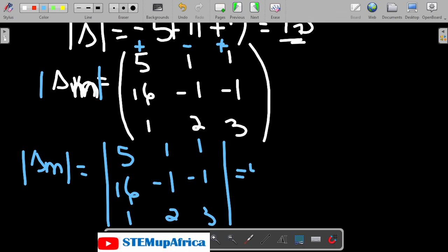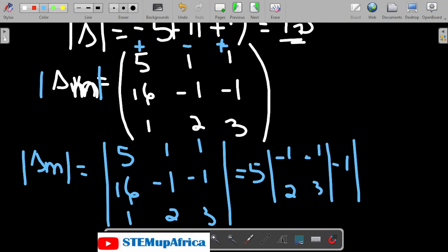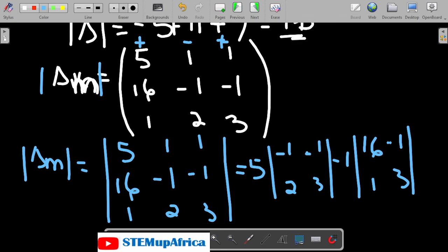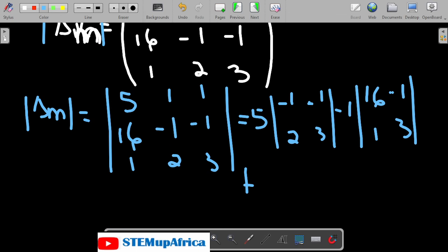So that will give me 5. I will take the minus: minus 1, 2, minus 1, 3. Then minus 1, the minor 16, 1, minus 1, 3. Then plus 1, we have 16, 1, and then minus 1, 2.